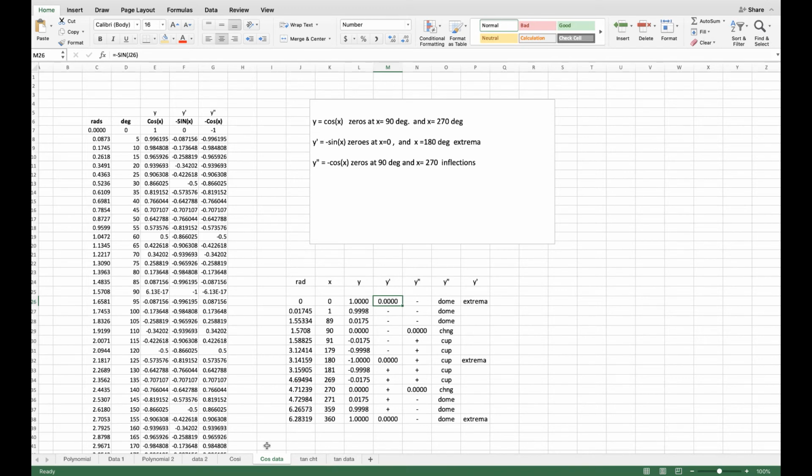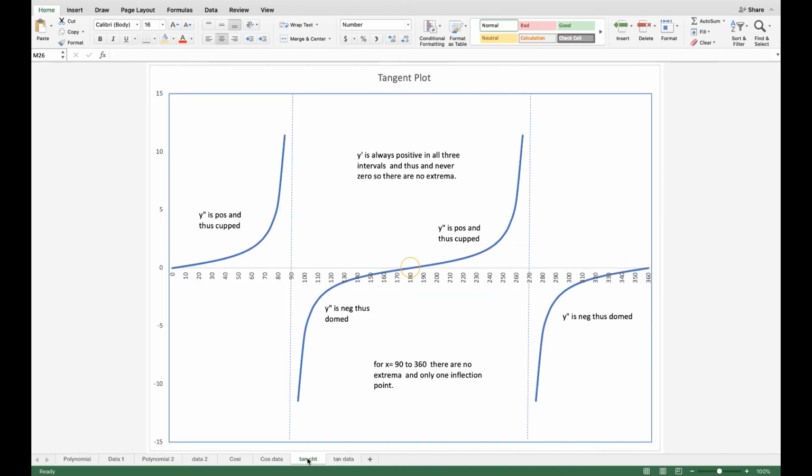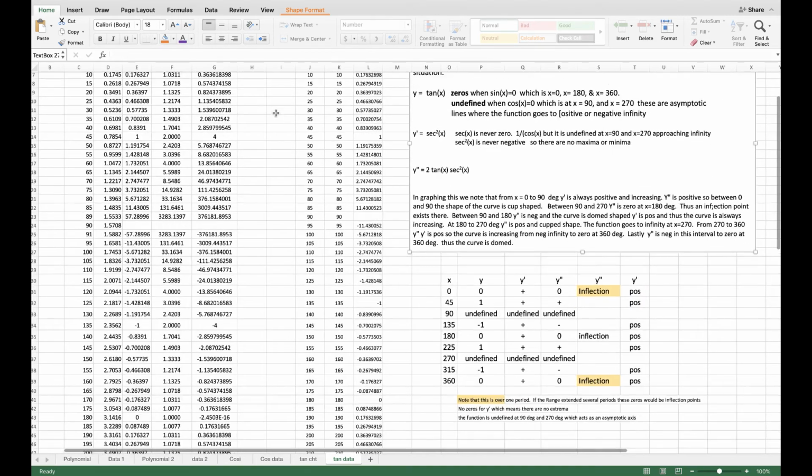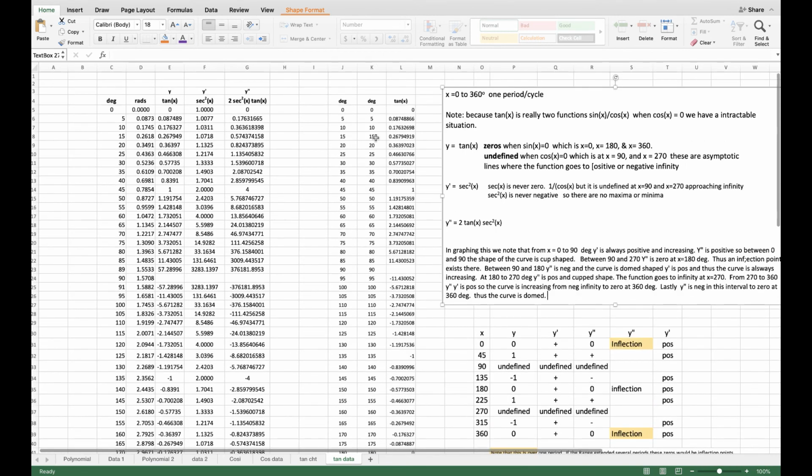There was one more function I really did want to look at, and that was the tangent function. That yields a very, very interesting graph, because when you look at the tangent and you take its derivatives, they're not simple. The tangent function itself is a combination of two functions.